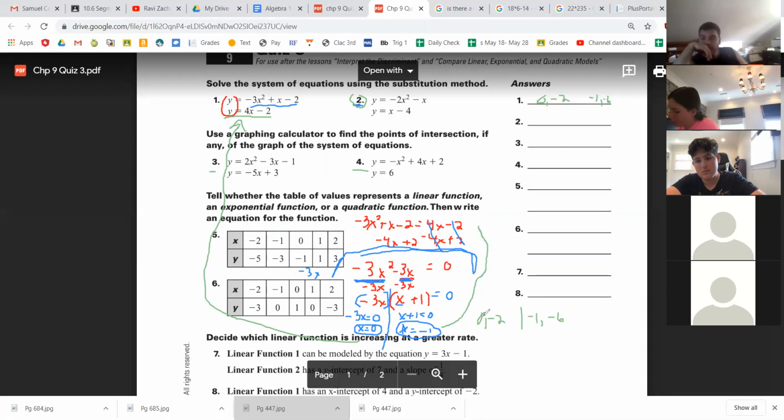Squared equals 0. Jacob, what method did you use? I don't really know.